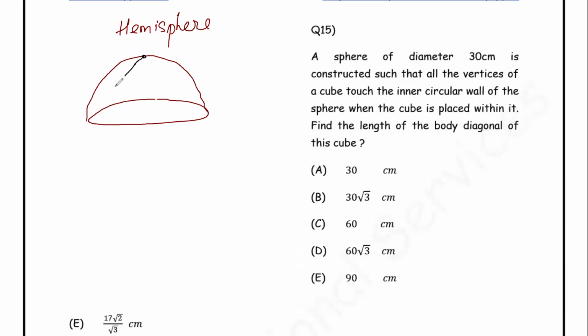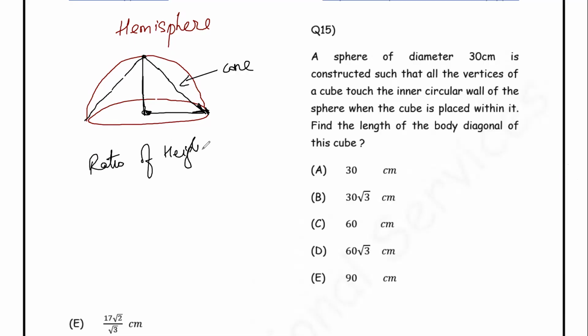The right circular cone is drawn such that the base of the hemisphere and the base of the right circular cone overlap. So the question is, find the ratio of the height of the cone to the radius of the hemisphere.